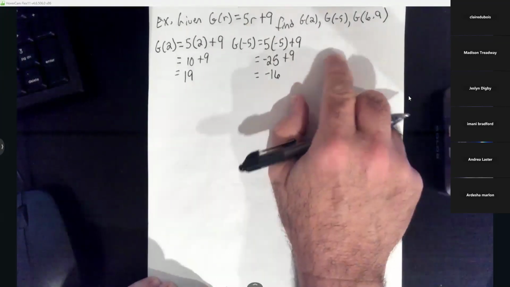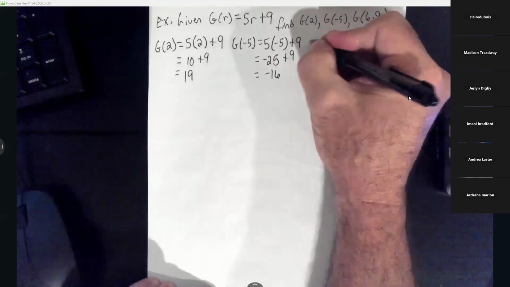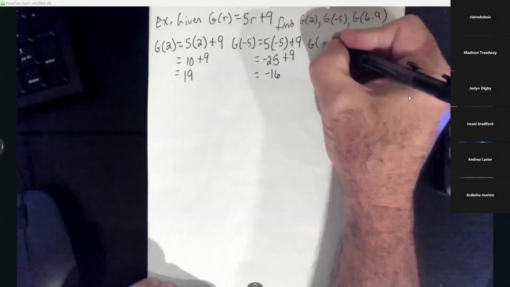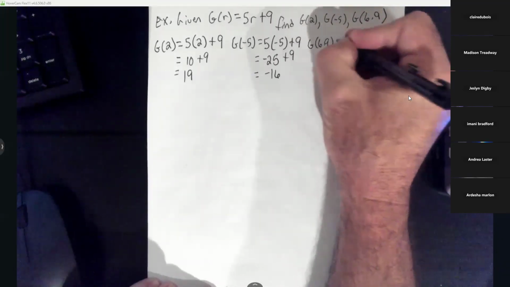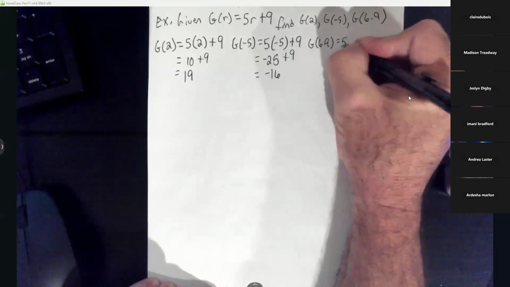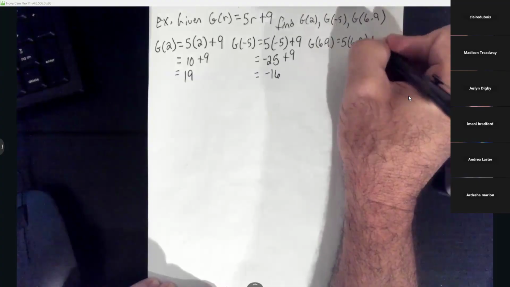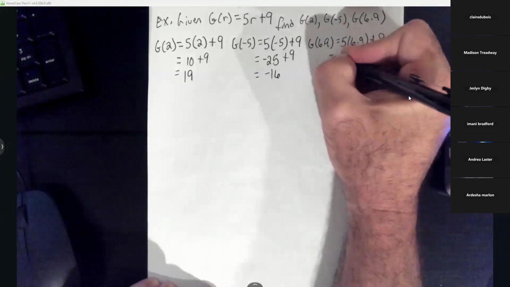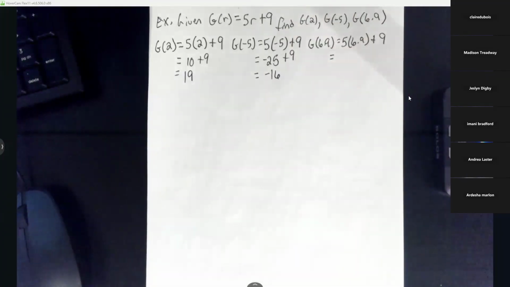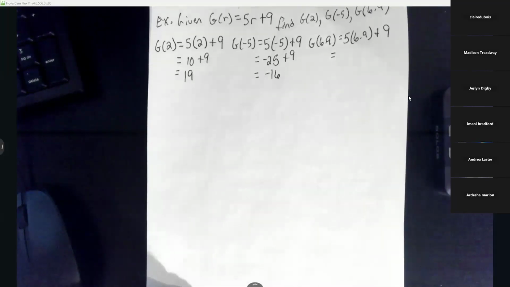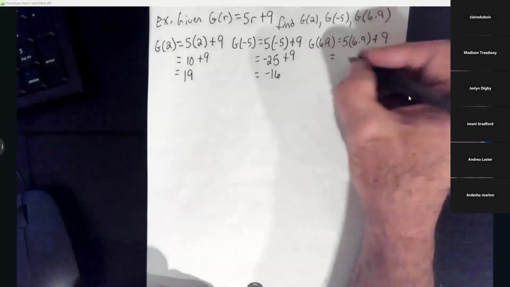Okay. All right, so the one y'all got to figure out for me is this one, g of 6.9. That's going to equal 5 times 6.9 plus 9. So Money, what's that equal? Looks like 43.5. Looks good to me.